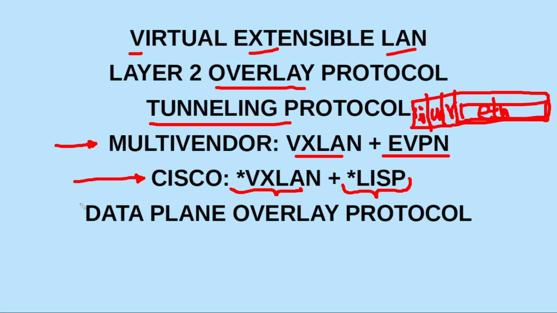We explained that VXLAN is only a data plane overlay protocol. It requires a companion protocol that is going to perform the duties of a control plane in order to actually work. That's it.